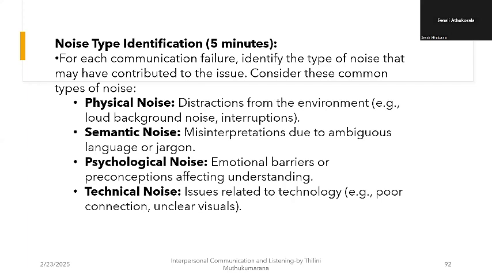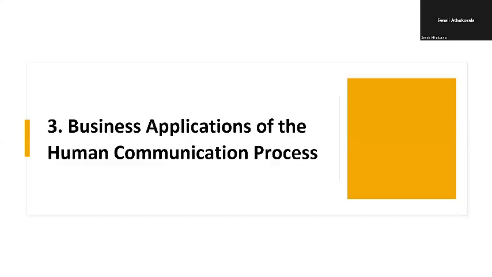And there can be psychological noise, emotional barriers, and semantic, which means the language jargon that a person uses that you cannot understand. And the technical noise, it's a very trendy one. When we use technology, you can see poor connection, unclear visuals. These can also tend to mislead.